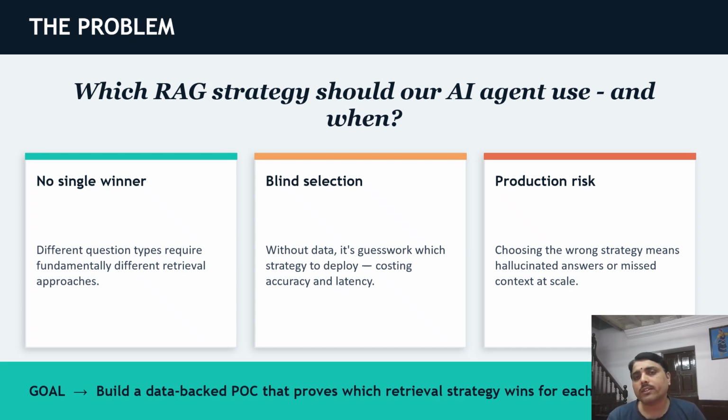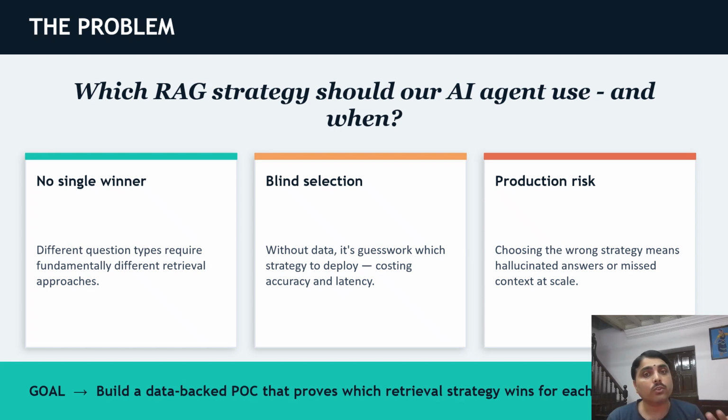The core insight here is that RAG is not one size fits all. A question like, what is the password policy, is fundamentally different from what happens to an employee on a PIP if there is a security breach. The first is a lookup, the second requires connecting two separate policy domains.